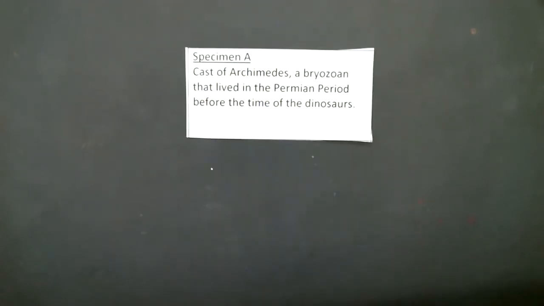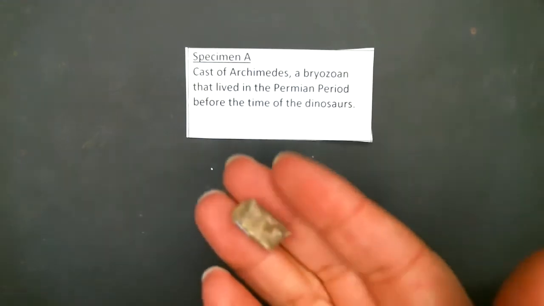So the first one is specimen A, and specimen A is a cast of Archimedes. Archimedes is a bryozoan. That's an animal that lived in the Permian period, and that was right before the dinosaurs.